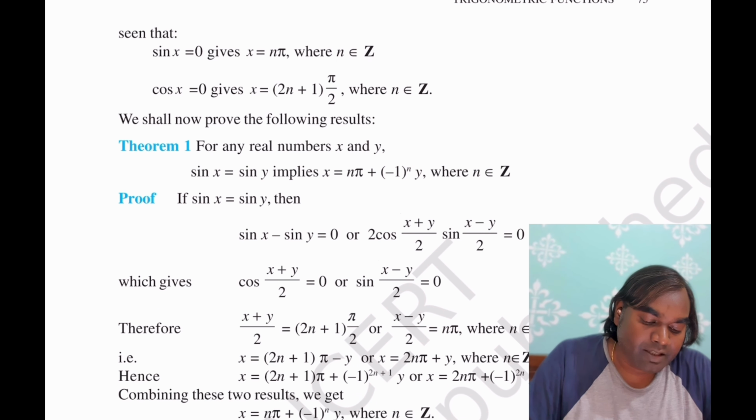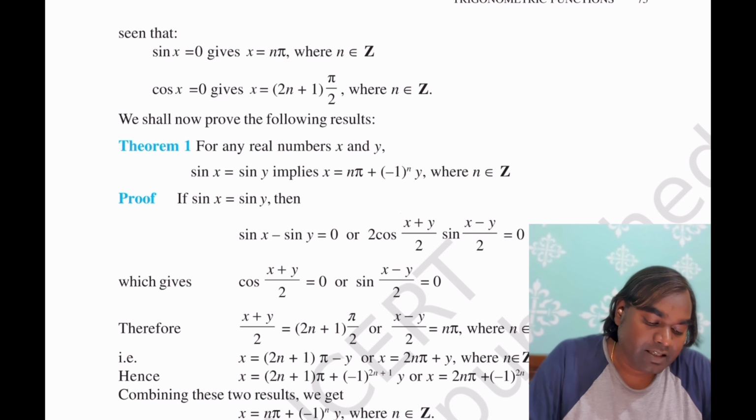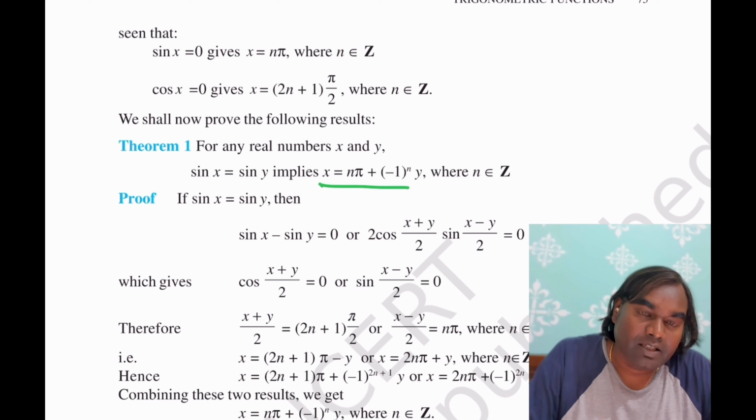For any real numbers x and y, sin x is equal to sin y implies that x is equal to n pi plus (minus 1) to the power n y.